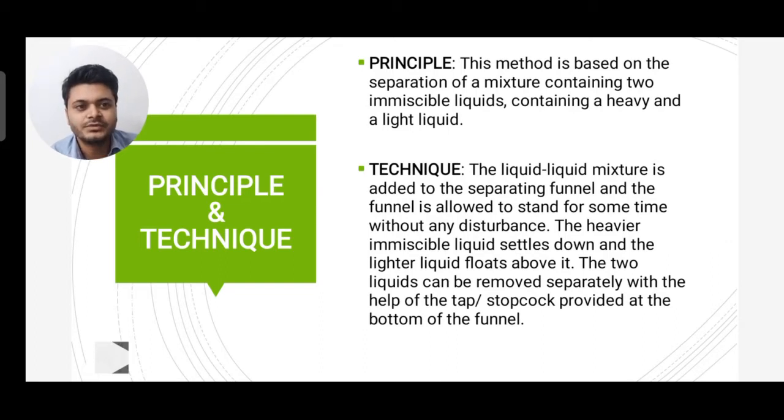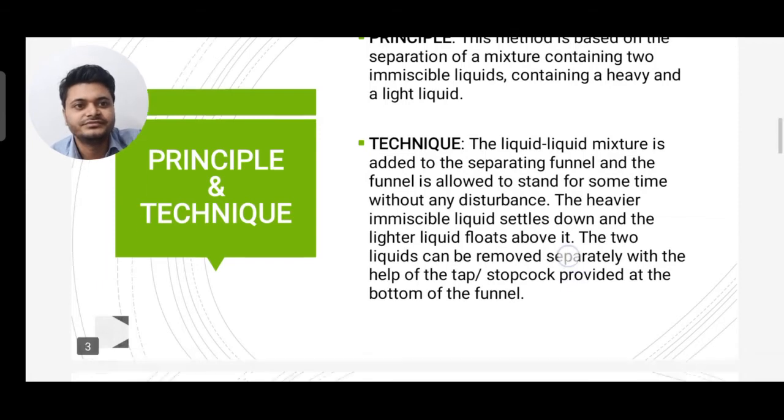The two liquids can be removed separately with the help of a tap or stopcock provided at the bottom of the funnel. So this is a liquid mixture where the heavier liquid settles down and the lighter liquid floats above.